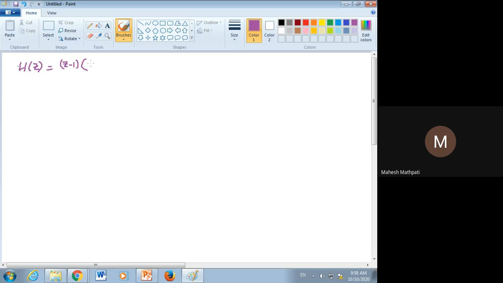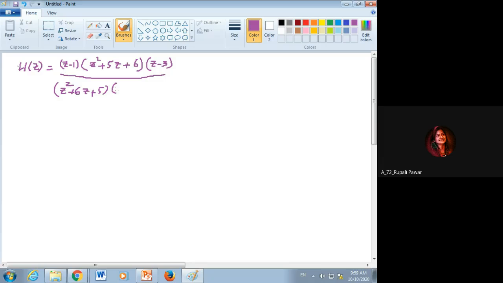Yes, anyone read the question? (z² + 5z + 6), into (z − 3), divided by the first bracket (z² + 6z + 5), and the second bracket (z² − 6z + 8). Okay. Right.